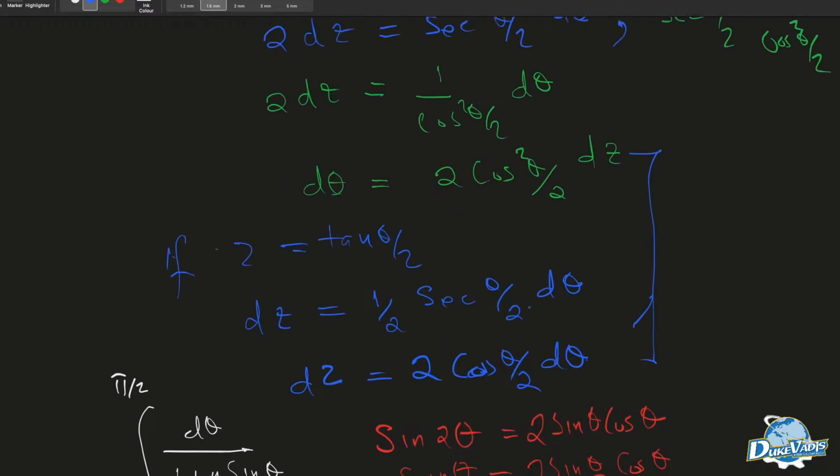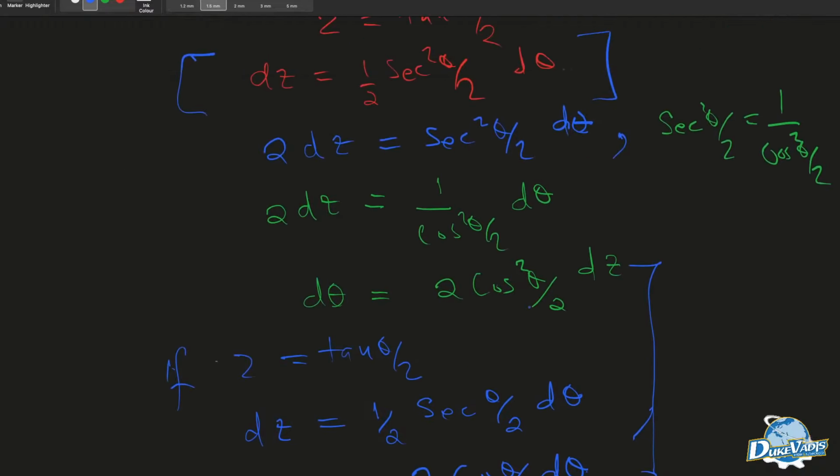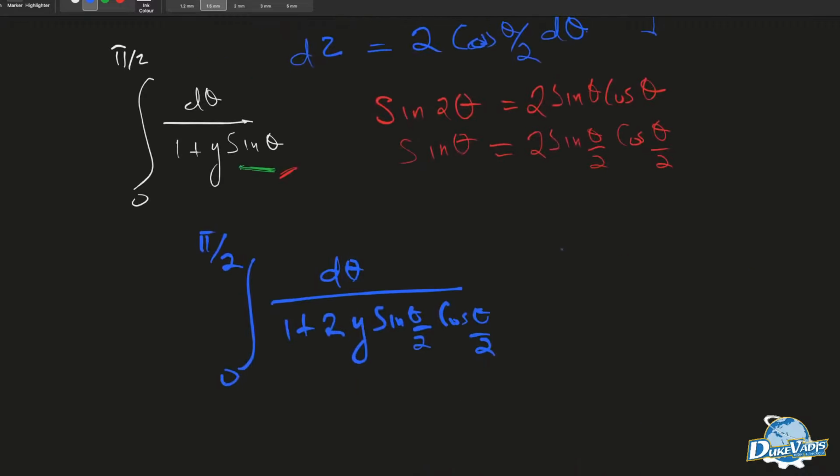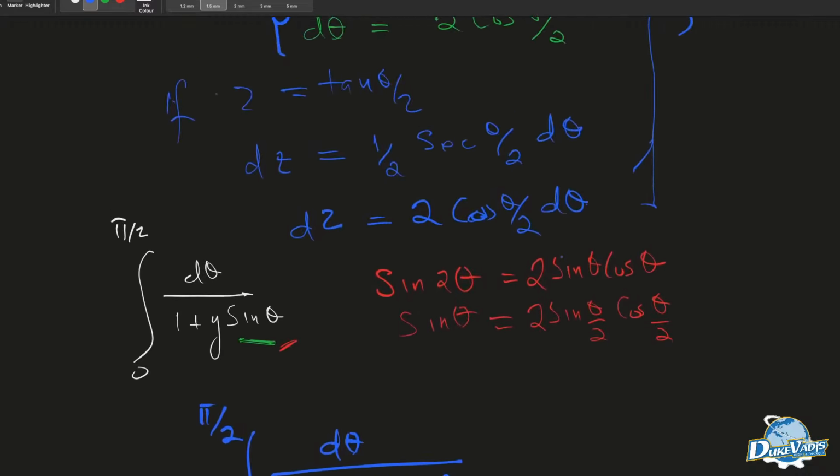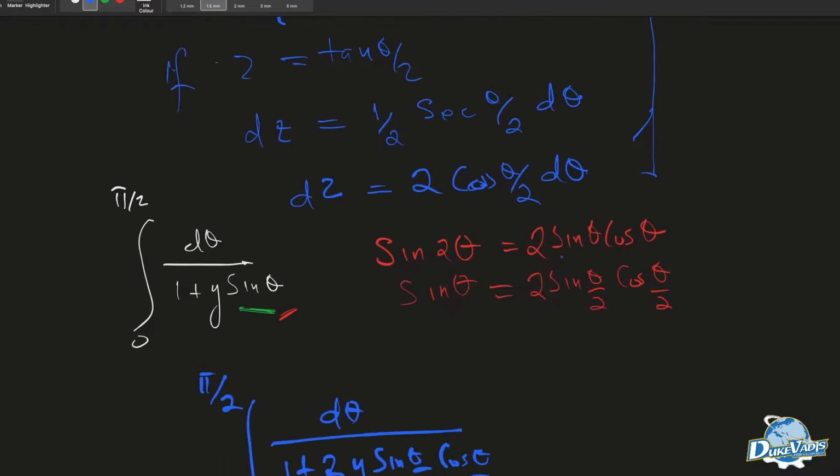So this time we're going to use this cos squared theta over 2 dz in our d theta. So d theta is 2 cos squared theta over 2 dz. So we'll bring the 2 out.